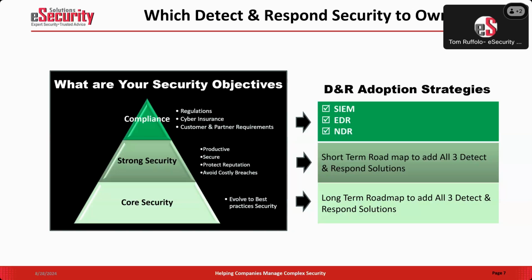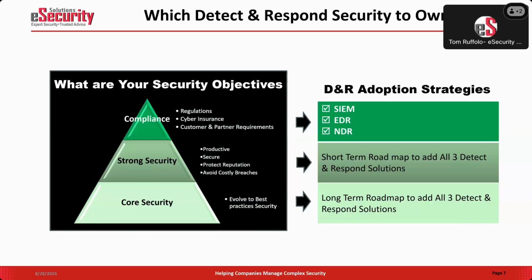Our recommendations are for companies that are compliant or need to be compliant. We really recommend all three types of solutions. That could be something you do over time as part of your roadmap, but you shouldn't assume that buying one or the other is going to solve your problem. It will not give you complete or anywhere near complete detect and respond capabilities.